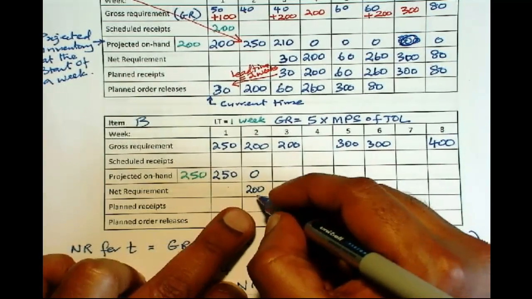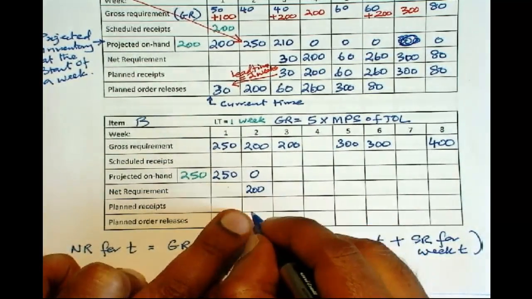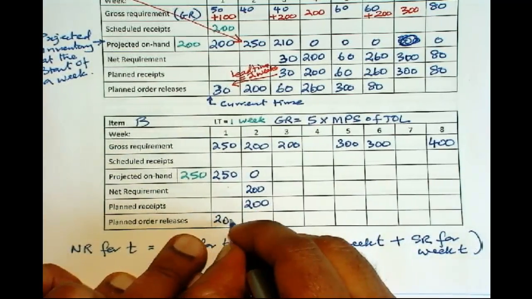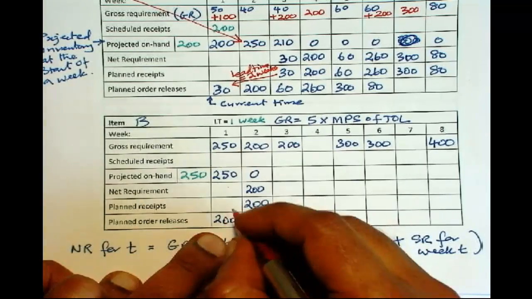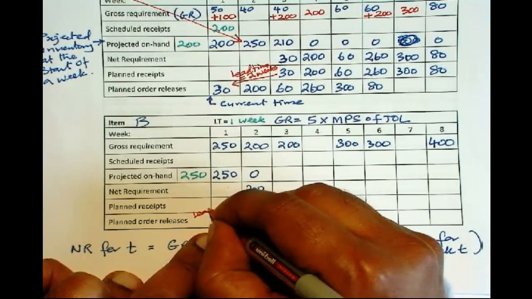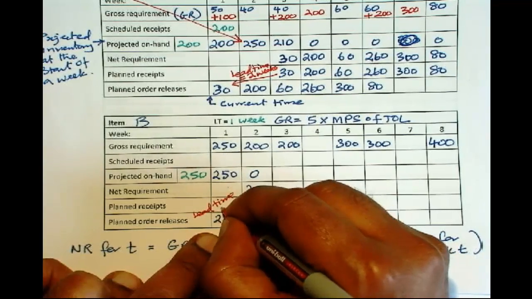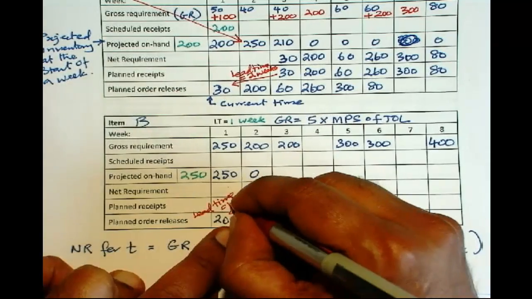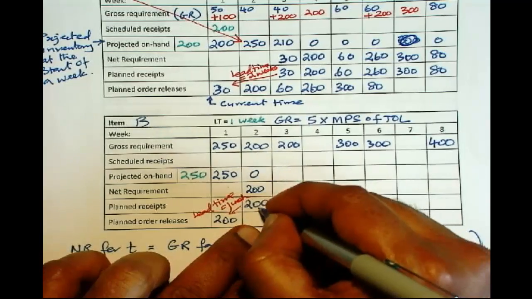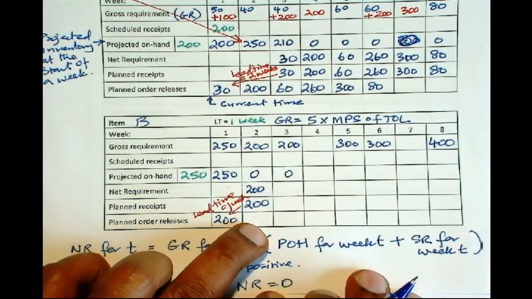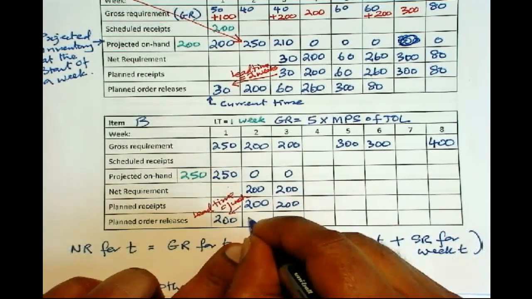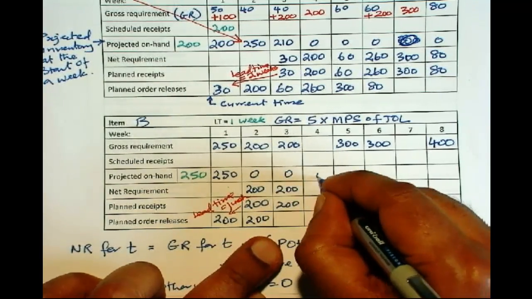So then net requirement is 200. So planned is 200, with 1 week of lead time, so we're going this way by lead time. Now continuing, 200 minus 200, 0 is the projected on hand for week 3. Then we have 200 again, and then 0, 0.